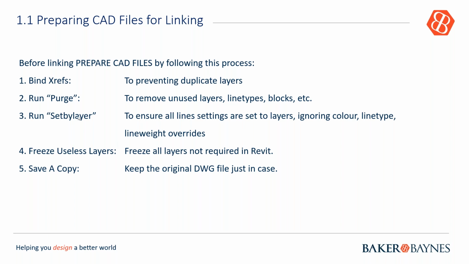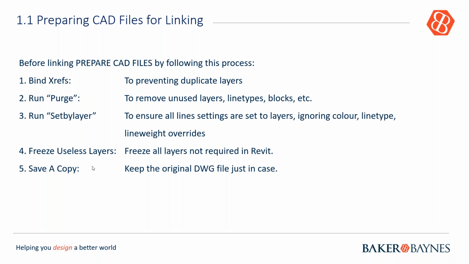prevent duplicate layers, right? The second thing I do is I usually run a purge on my CAD file, and this is to remove any unused layers, line types, or blocks. I also run a set by layer, so that all line settings are set to layers and it ignores the line weights or color overrides.